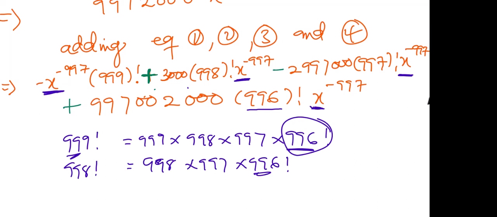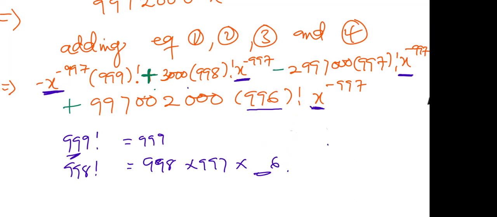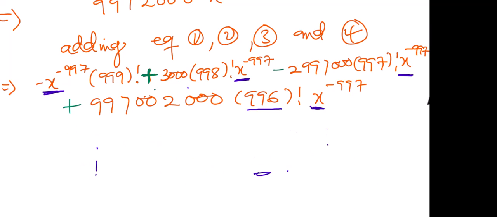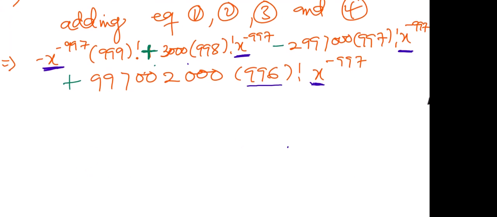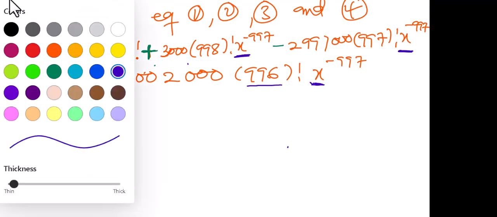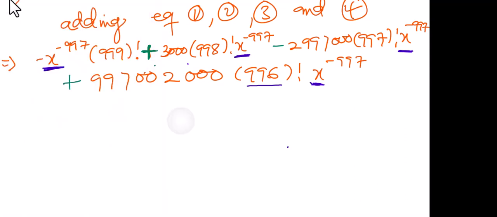Okay, so we will now have x power negative 997, then 996 factorial out into brackets.